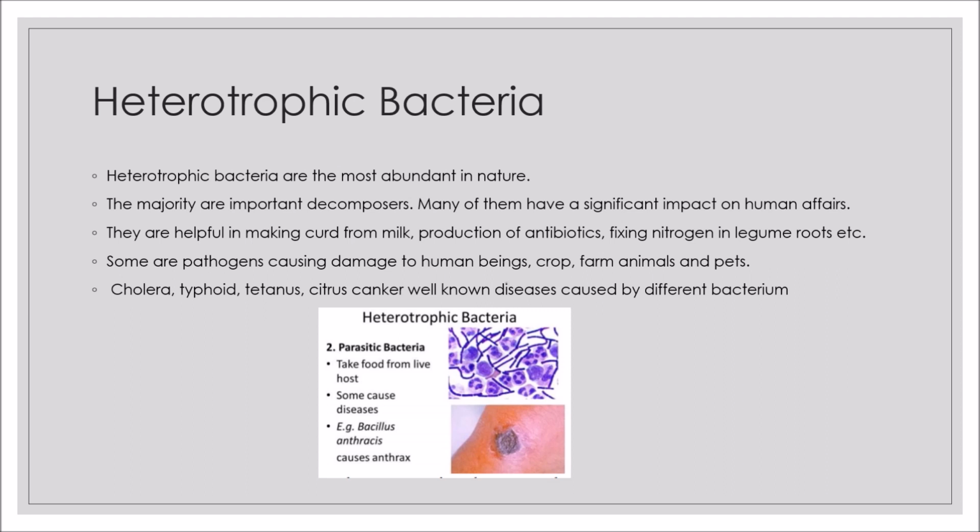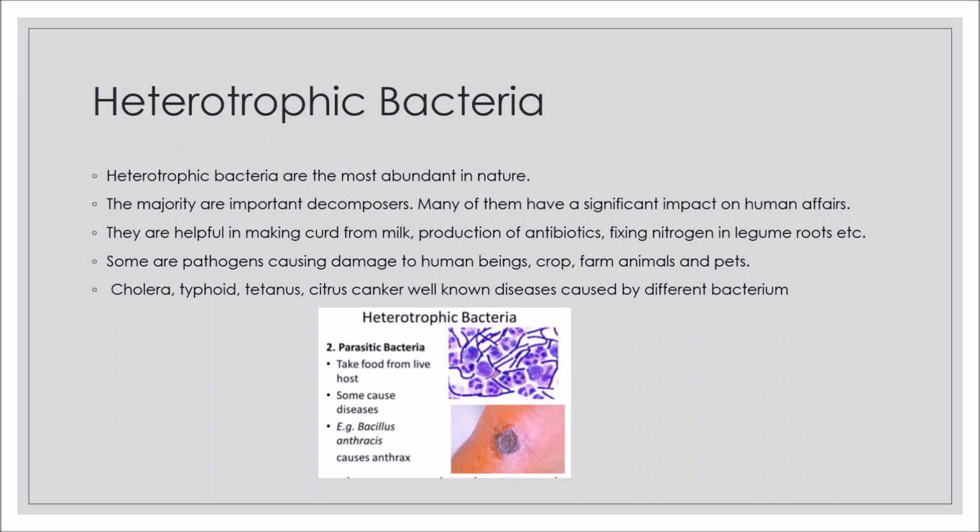In those root nodules, these bacteria will be present. They take up the nitrogen and convert it into nitrites, ammonia, and nitrate, and give it to the plant for its growth. So they fix nitrogen in legume roots.